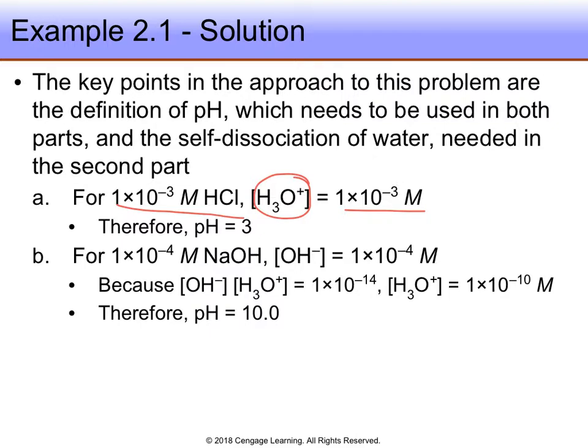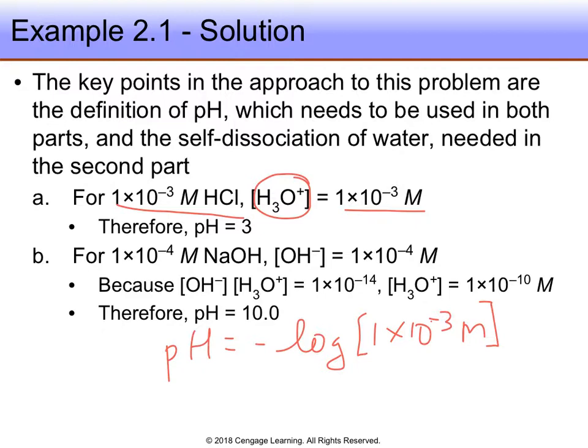And so the pH is equal to minus the log of the concentration of H plus, which in this case is 1 times 10 to the minus 3. So if you're feeling a little uneasy, you can go to your calculator, type in 1 e to the minus 3, and then push the log button.